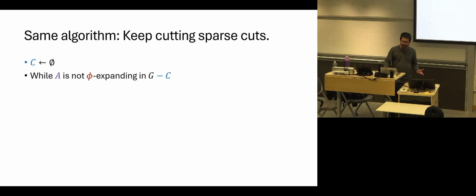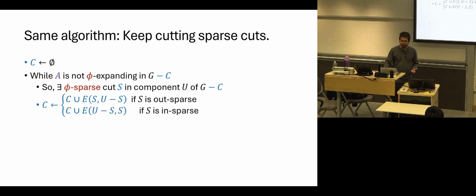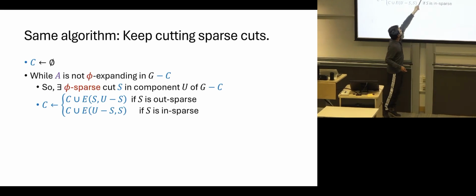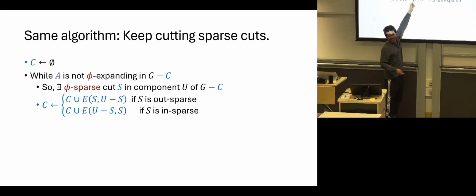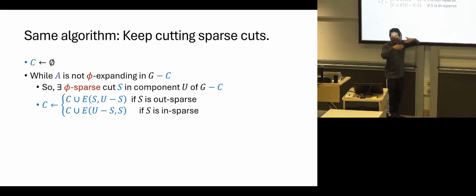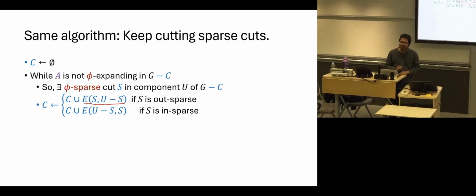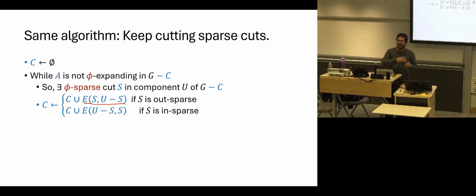So as long as A is not expanding, find a sparse cut and cut it. But now there is some direction when you say it's a sparse cut. If S is out sparse, then you cut it along the out cut. You want to cut only few things. So if it's out sparse, I only cut along the out edges and include them into my collection of cuts.